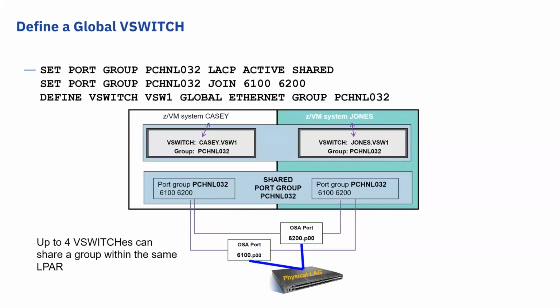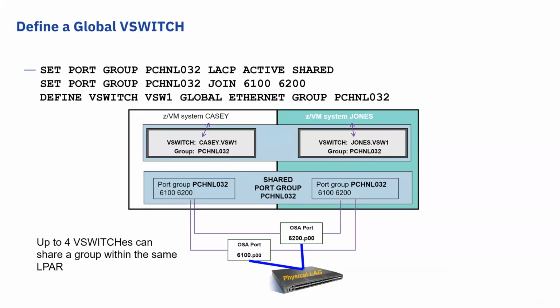And just to give a picture of what's going on, here I define a port group, P channel 32, say it's shared. I add the OSAs to it just like I was doing without the shared part. When I define the vSwitch, I add the global attribute. Ta-da, I'm done.